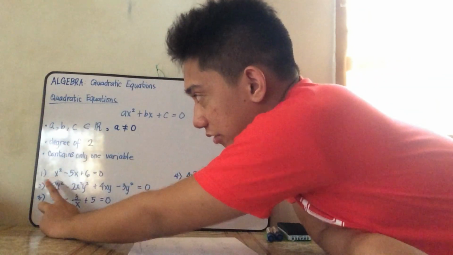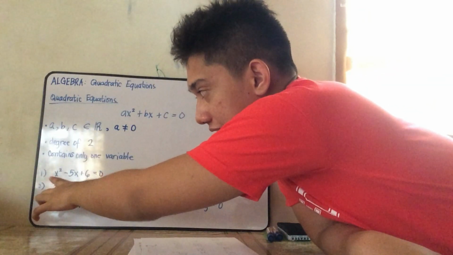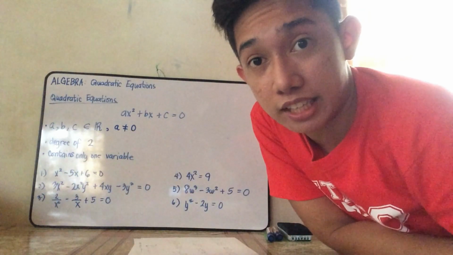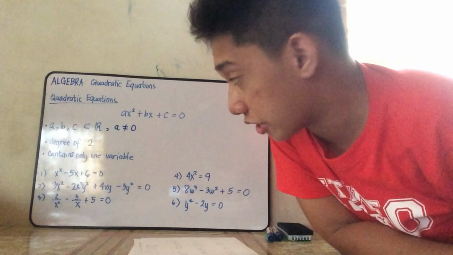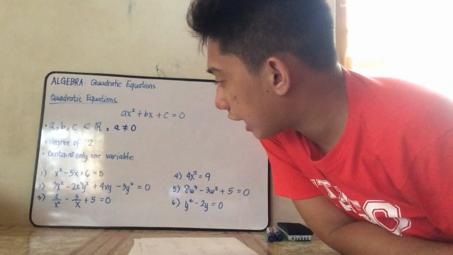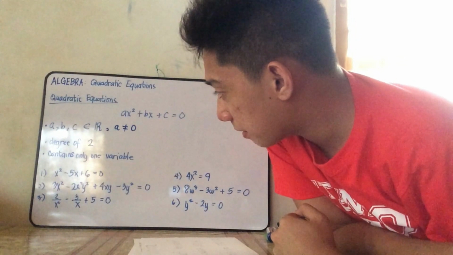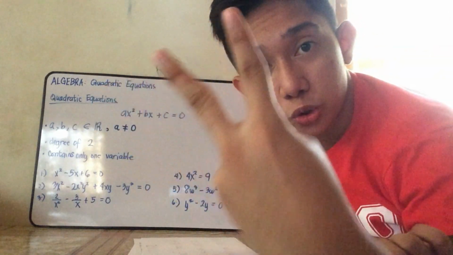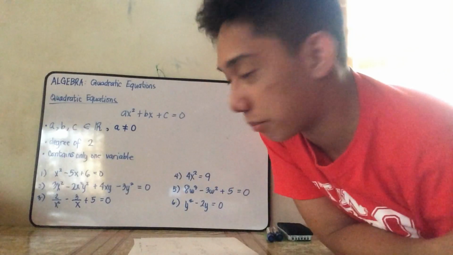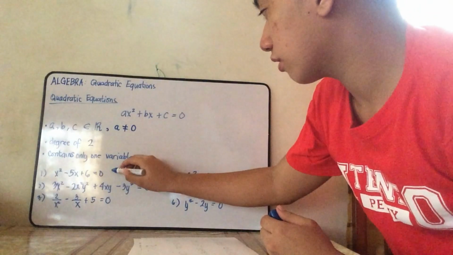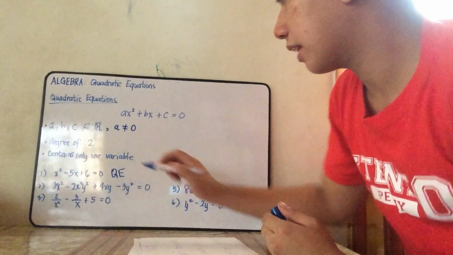Kasi meron tayong real numbers a, b, c: 1, negative 5, and 6. Degree of 2 naman din siya. Then, it just contains one variable. So, quadratic equation itong number 1.